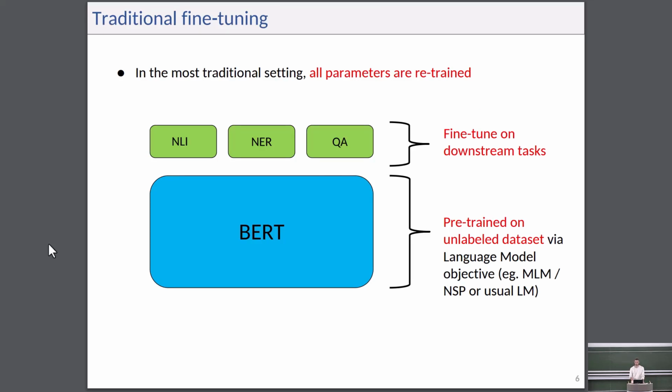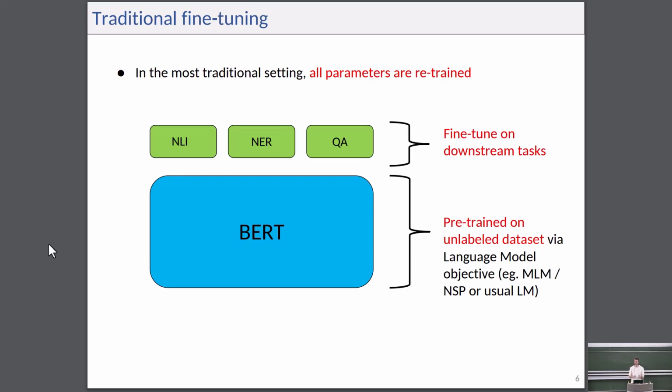The first and most common setting is, of course, the traditional fine-tuning, where all parameters are retrained. So in this case, we have a language model pre-trained on, well, an unlabeled dataset, because it's just next word or masked word prediction. And then I have some downstream task that could be question answering, classification, whatever you want.